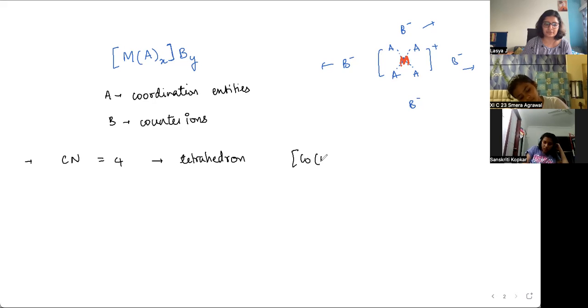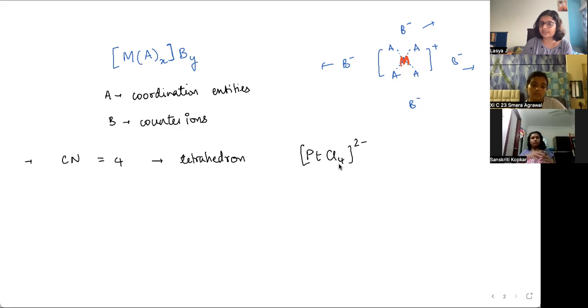cobalt, Co, NH3, the platinum one, so Pt, Cl4. So in this case, platinum is linked to 4 chloride ions, right? So what is inside the square brackets, that is the coordination complex.